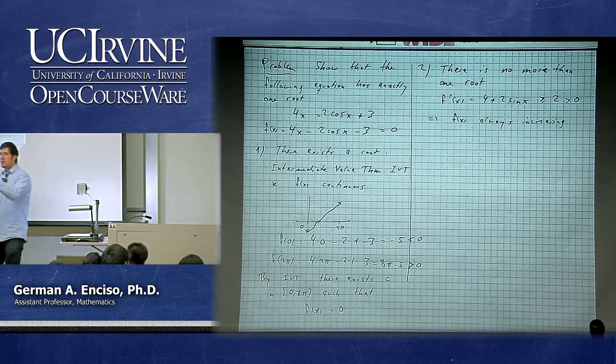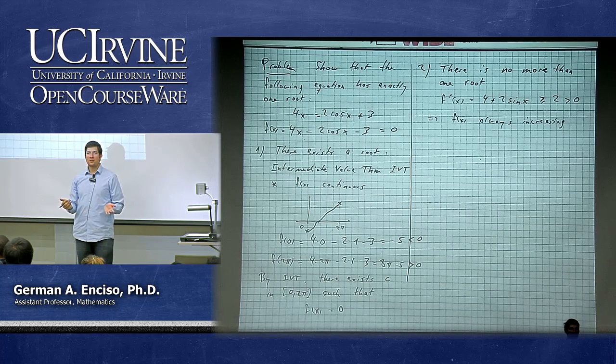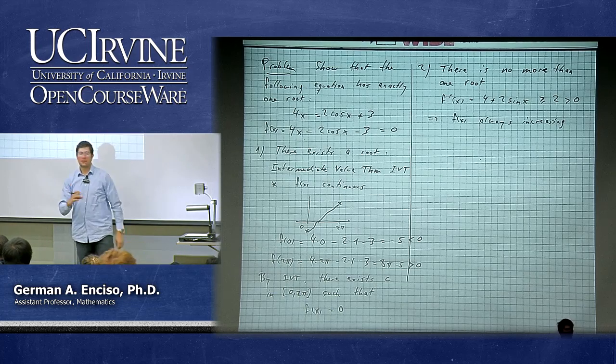Well, if it becomes 0 at some point, and then it starts increasing, and it can never go back down because it's always increasing, can it possibly have more than one root? No, right? It already goes through the x-axis once. It cannot go back. Okay?